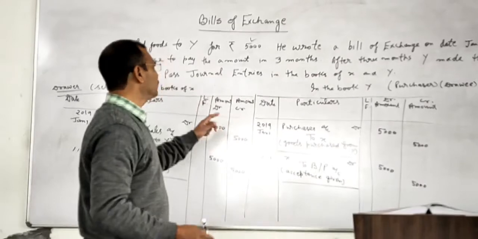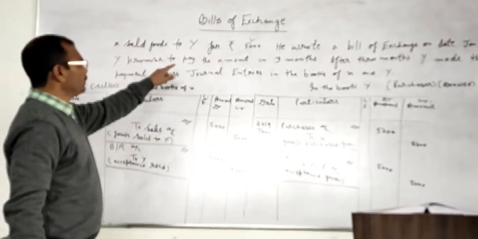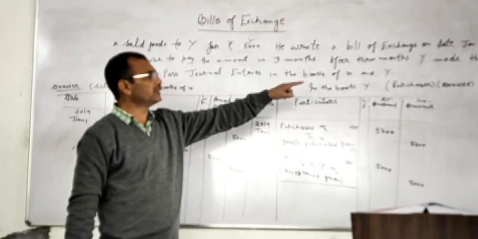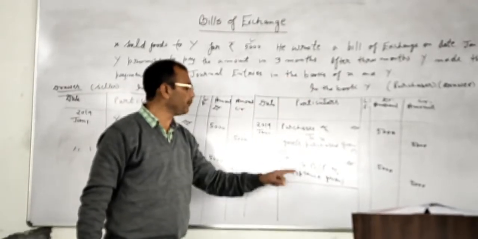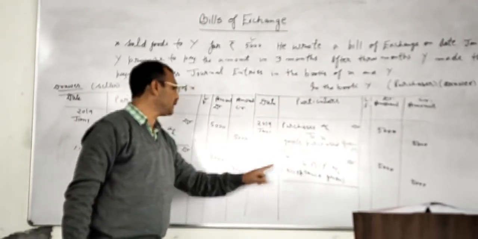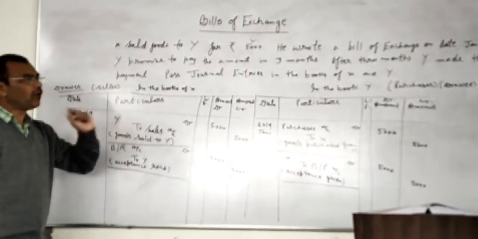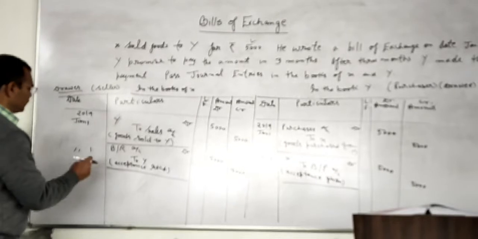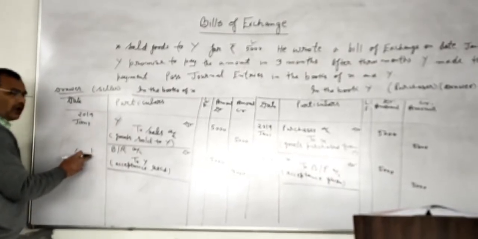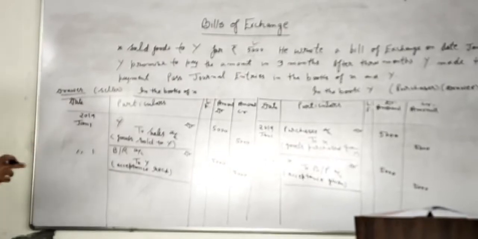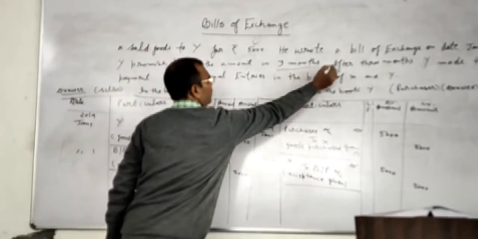And now we will read the question. Y promised to pay the amount in 3 months. After 3 months, Y made the payment. Y will give the payment and X will receive the payment on the due date. What would be the date? The bill was written on 1st January and the period of time given is 3 months.